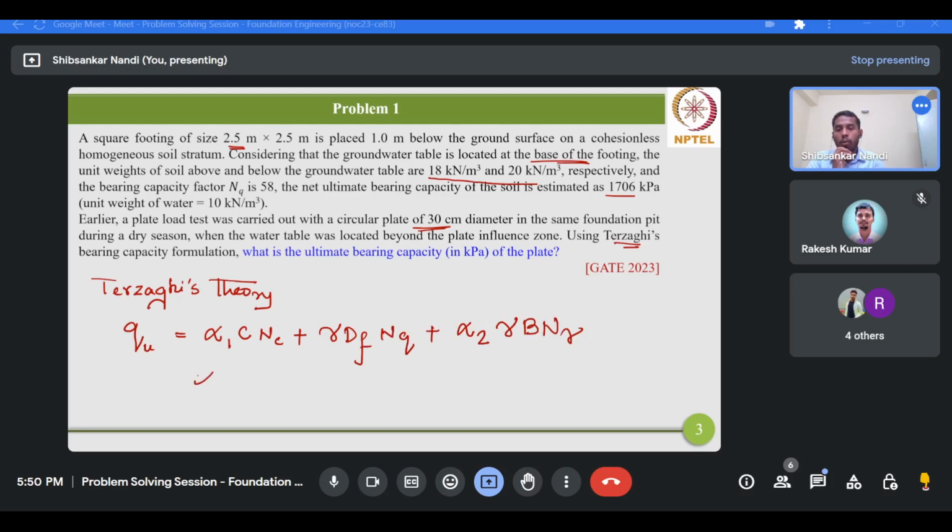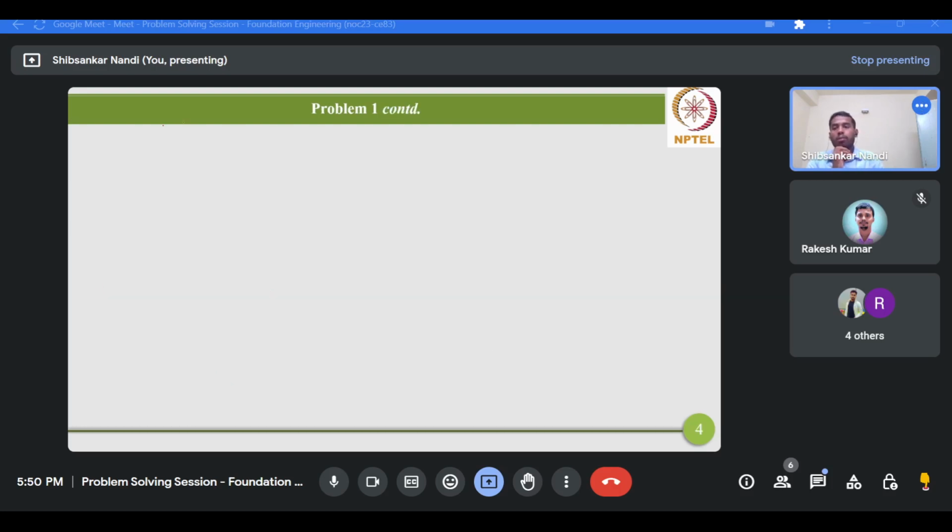So this alpha 1 and alpha 2 are nothing but the shape factors. Okay, now how to calculate? So alpha 1 is 1 plus 0.3 B by L, this is for a rectangular footing, and alpha 2 is 1 minus 0.2 B by L multiplied by 0.5. Okay, so both are given for rectangular footing.